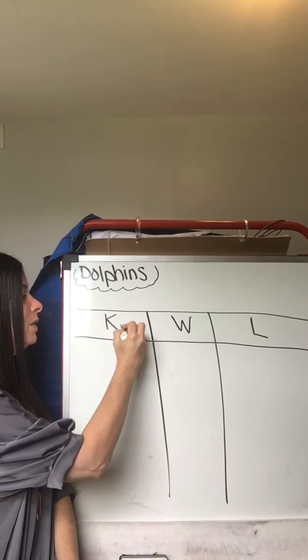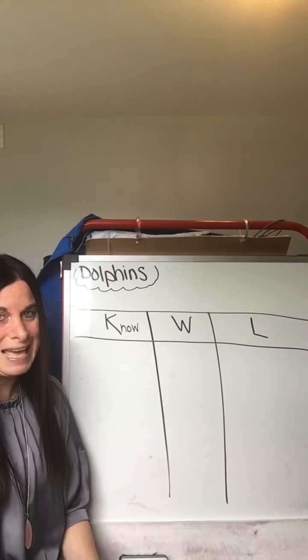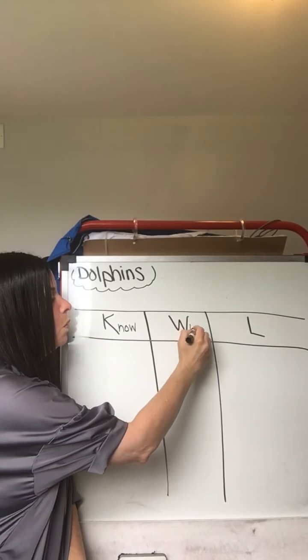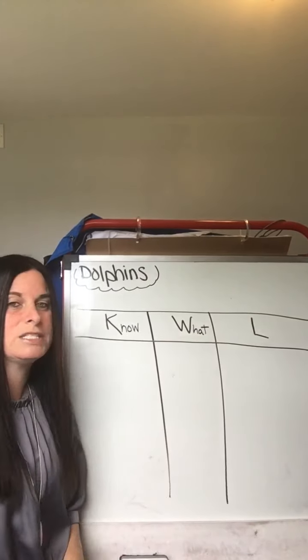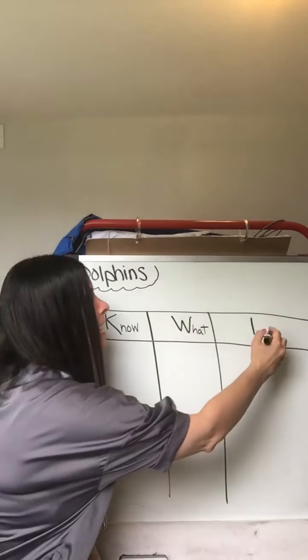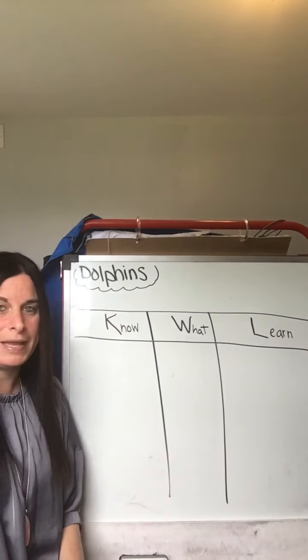Like this kind of know. When I know something, when I have knowledge, right? That starts with a K. The W stands for what do I want to know? Okay? And the L is learn. What did I learn? Okay?